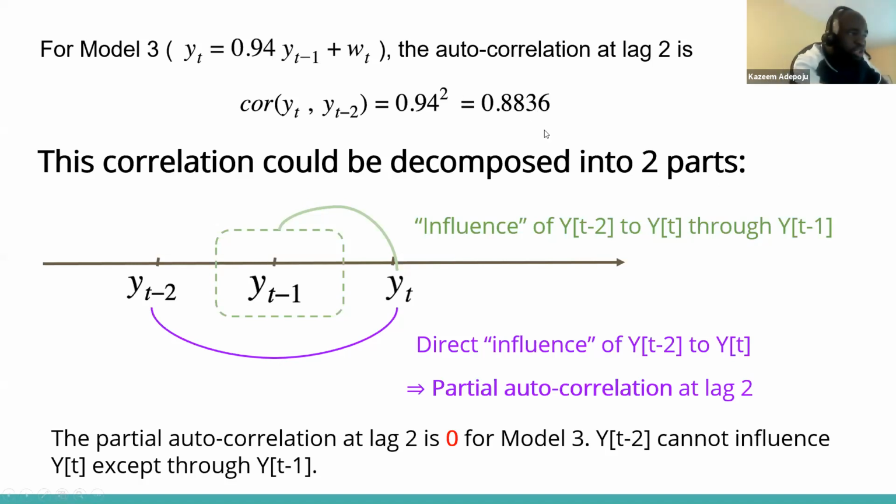But this is a correlation value, and what we actually want now is to talk about the partial autocorrelation. We normally use the partial autocorrelation in a situation where the lag is more than 1.